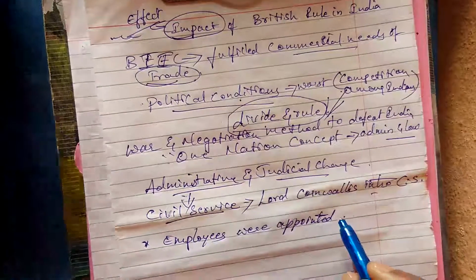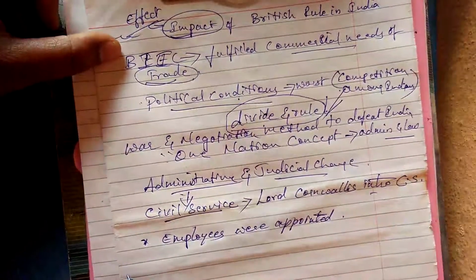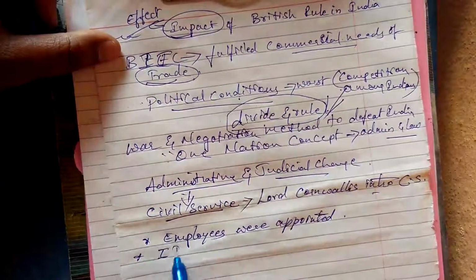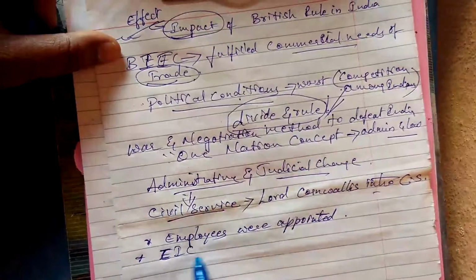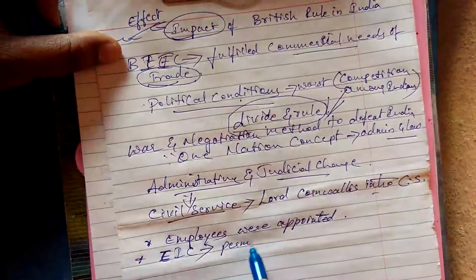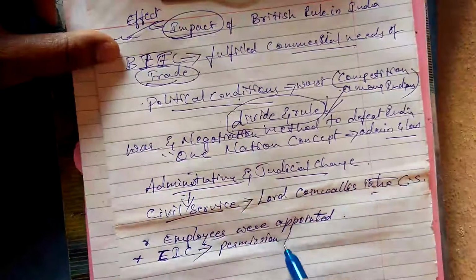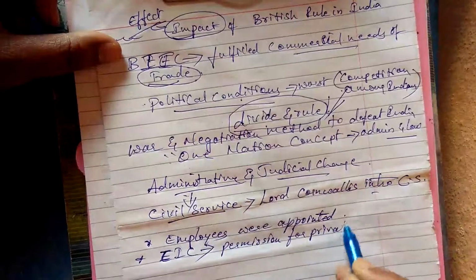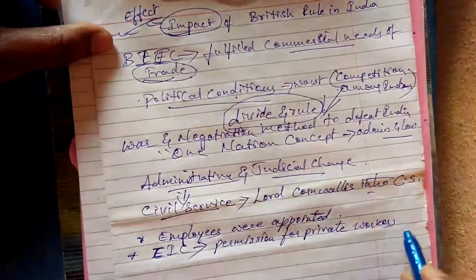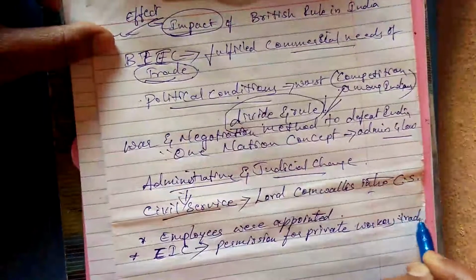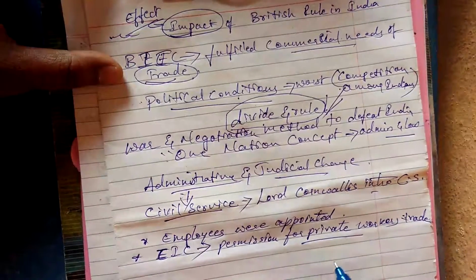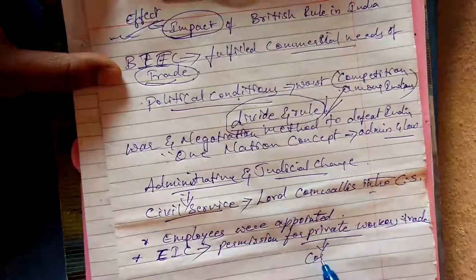This was what Lord Cornwallis introduced, and the East India Company also gave permission for private workers to engage in trade. And once the private workers were given trade, this led to corruption.